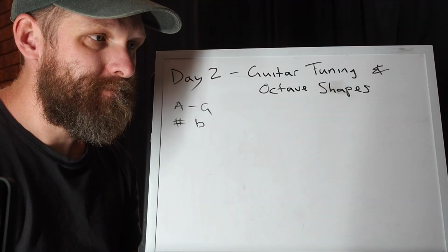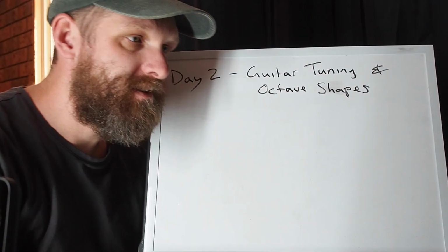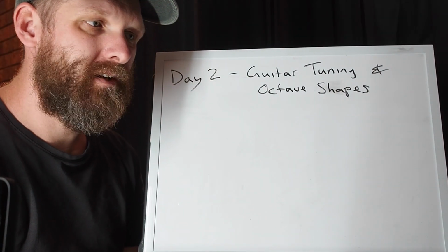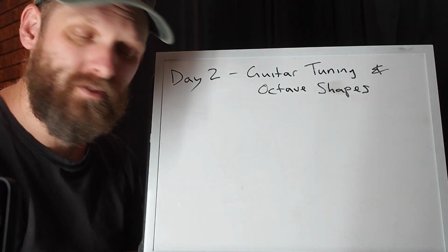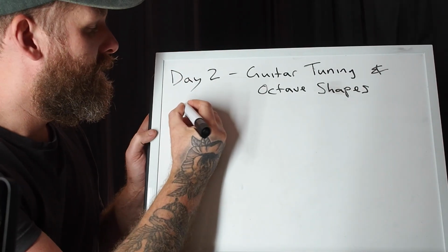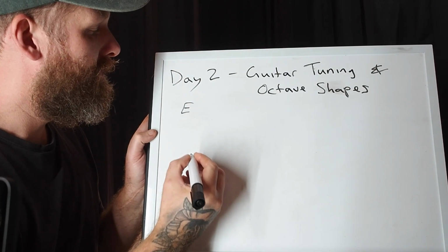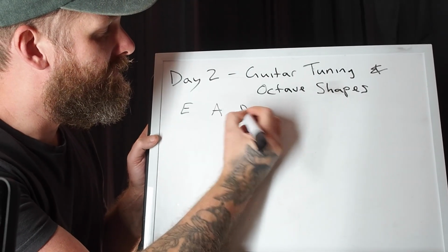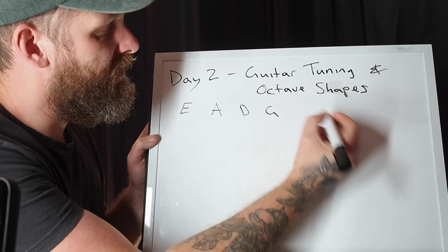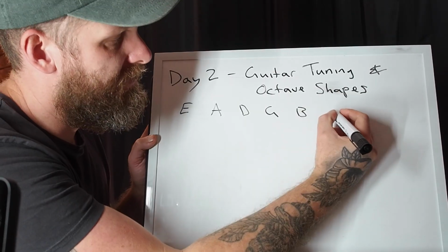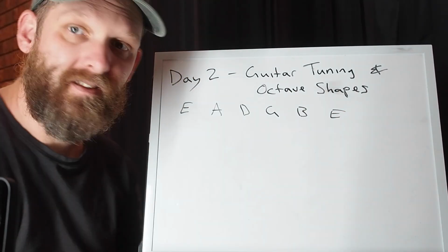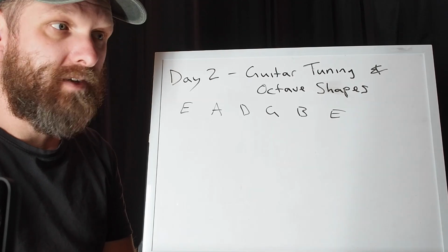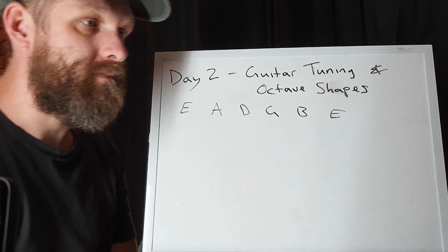We'll start with that. So the guitar is tuned, and we're going to begin with the lowest string to the highest. So we have an E, an A, D, G, B, and then an E. Okay, so we have 2 E strings on the guitar.